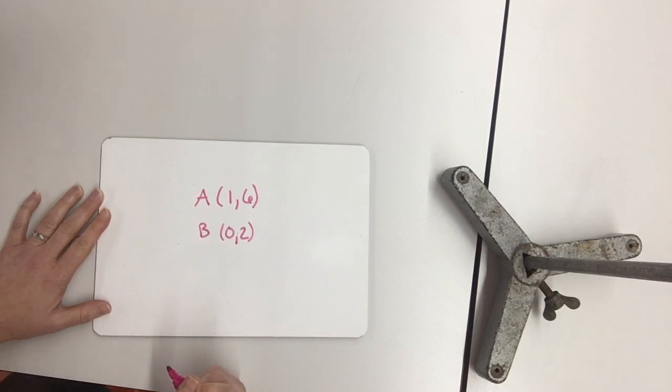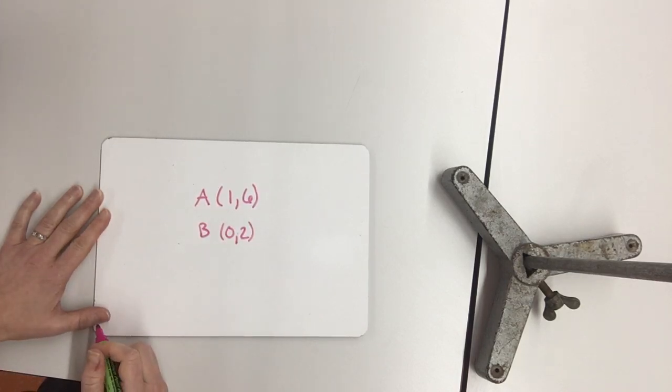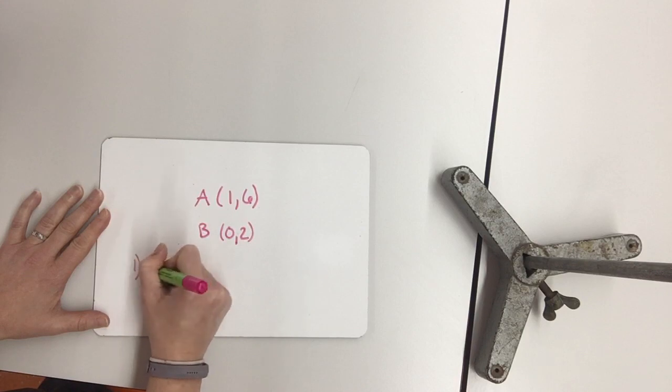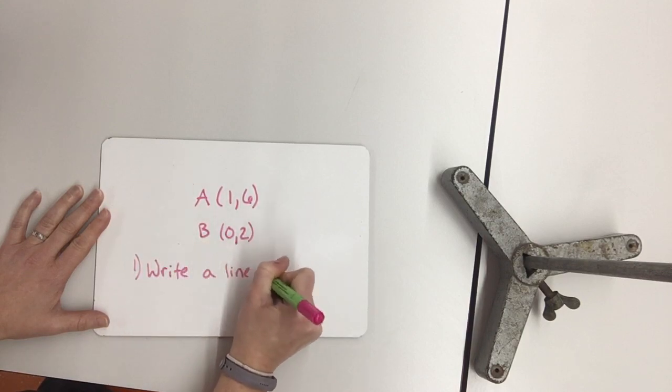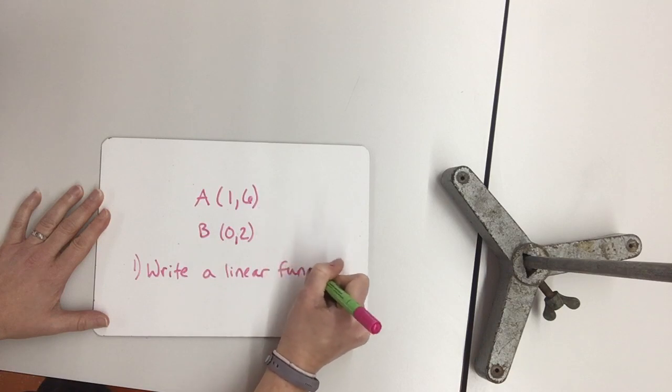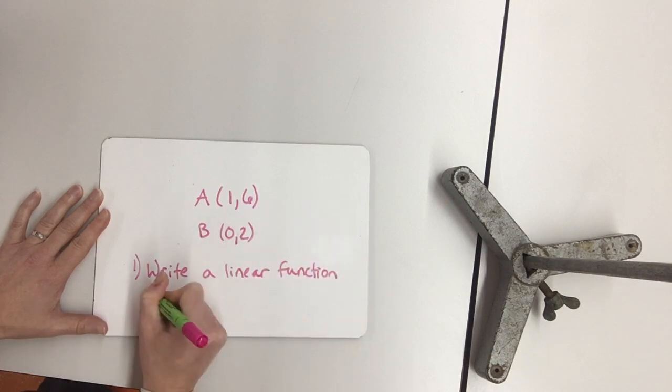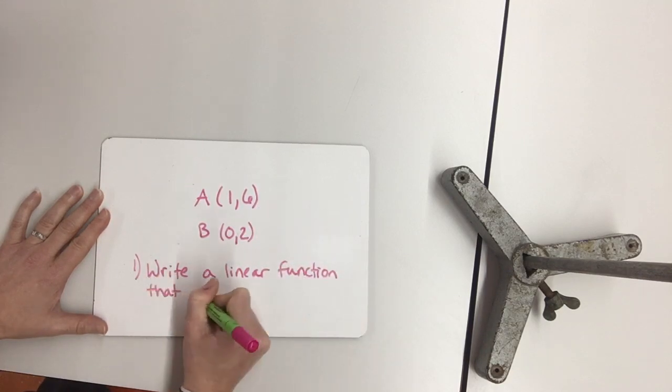What I would like you to do right now is to take a minute, and I want you to, first of all, write a linear function that passes through these 2 points. That's your first question.